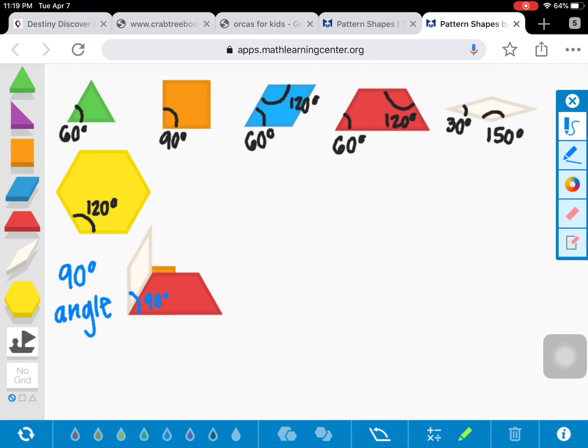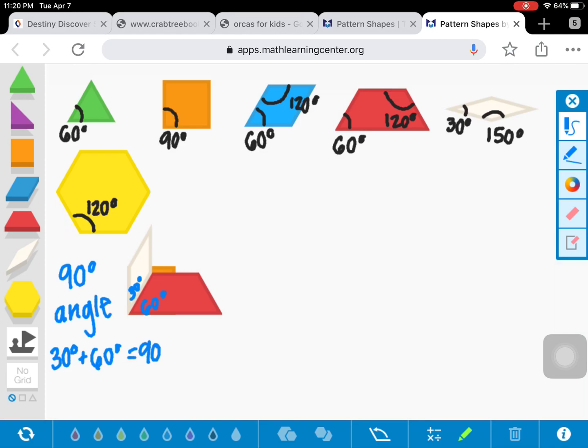I did that by putting together my 30-degree angle from here and my 60-degree angle from here. So I know 30 degrees plus 60 degrees will give me a 90-degree angle. This is me breaking down two smaller angles to create a larger angle.